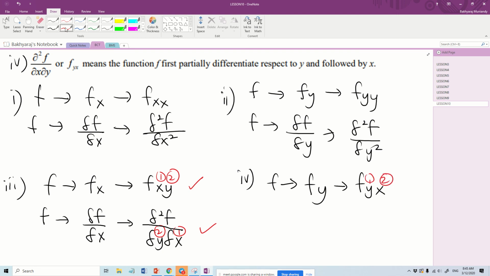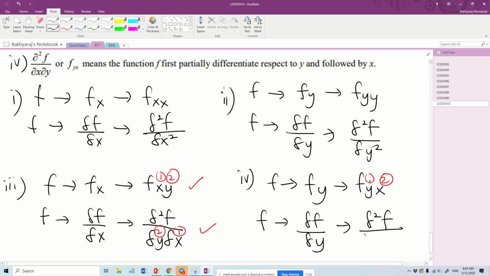But when it comes to delta, it will be delta f over delta y. Then the second time will be delta square f over delta x delta y. So this is what we call number 1, number 2.